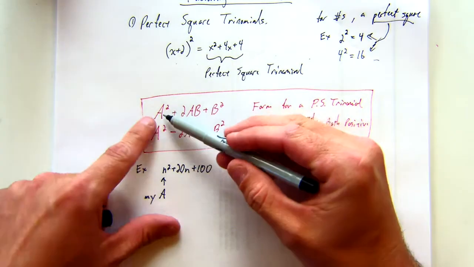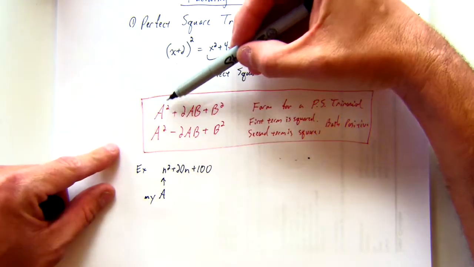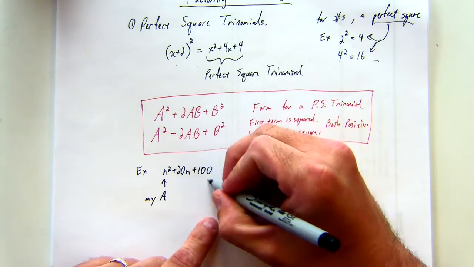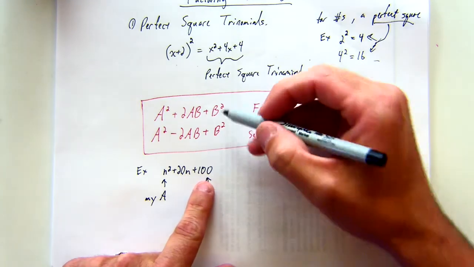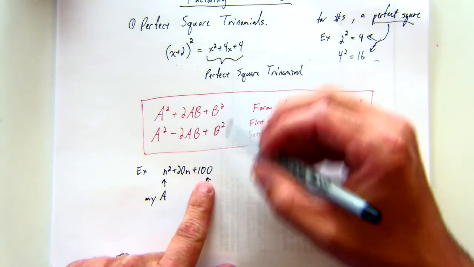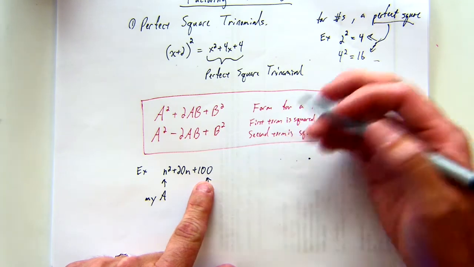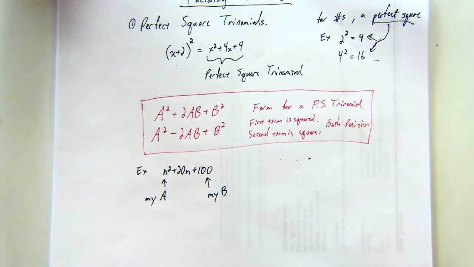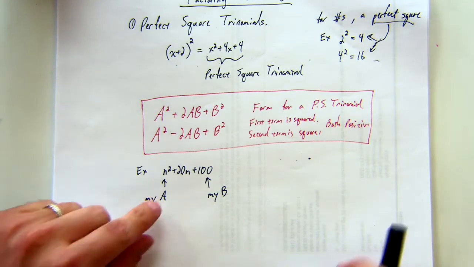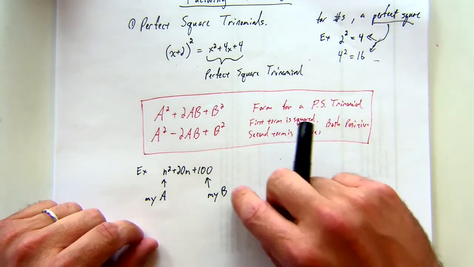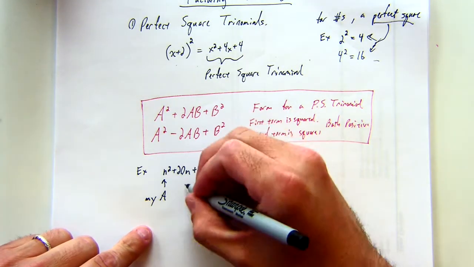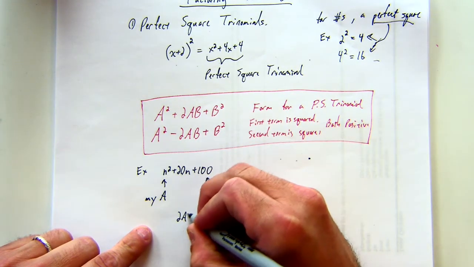Okay, because a squared has to be this form, a squared. Well, I've got an n squared. What do you think my b is? So my b squared is 100. That means b has to be what? 10. This is my b. So a is n, and b is 10. So then what is 2ab then?